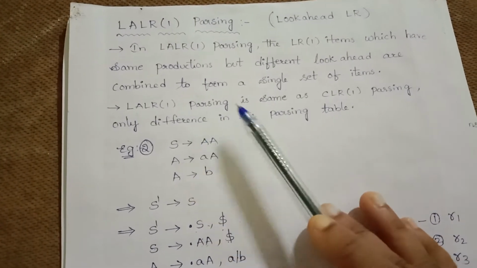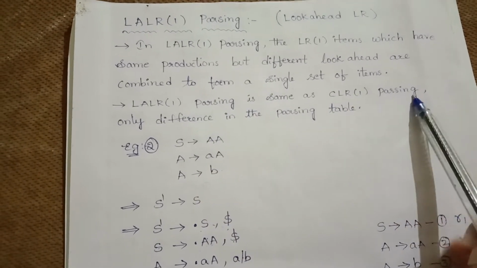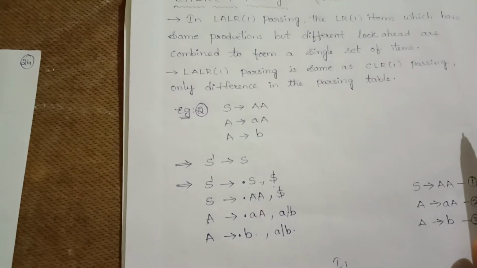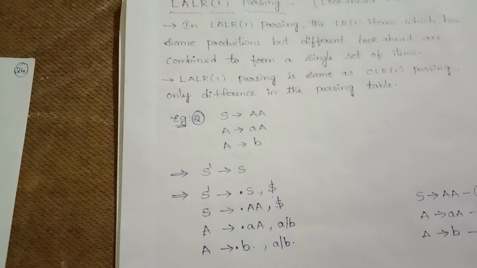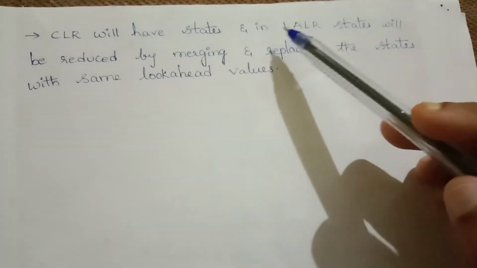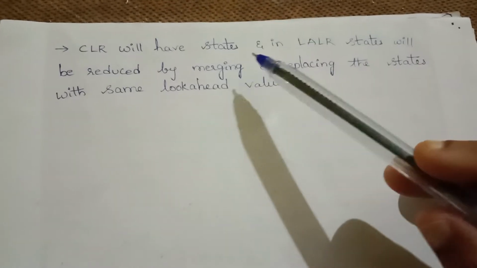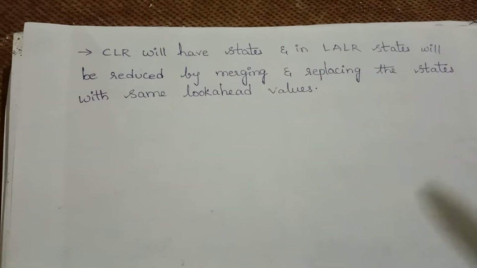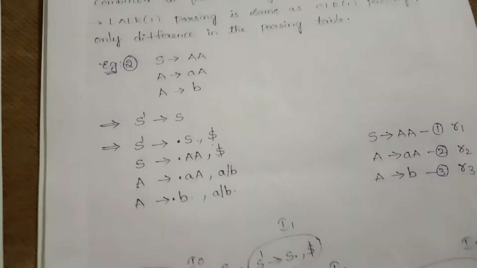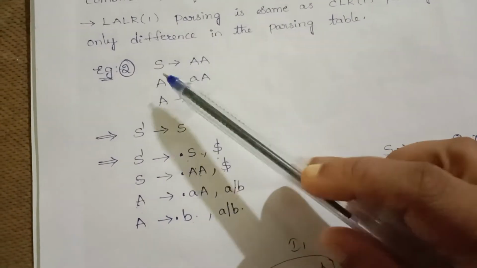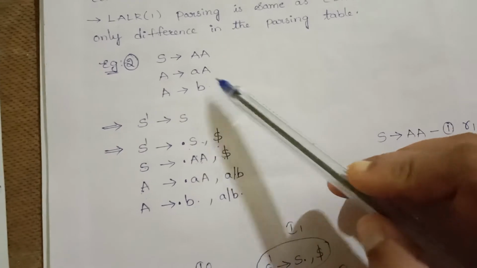LALR(1) parsing is the same as CLR(1) parsing, only the difference is in the parsing table. CLR will have more states, and in LALR the states will be reduced by merging and replacing the states with the same look ahead values. Consider an example grammar: S tends to AA, A tends to aA and A tends to b.